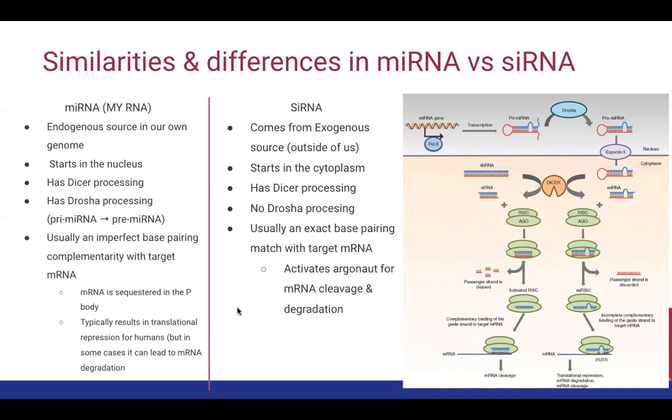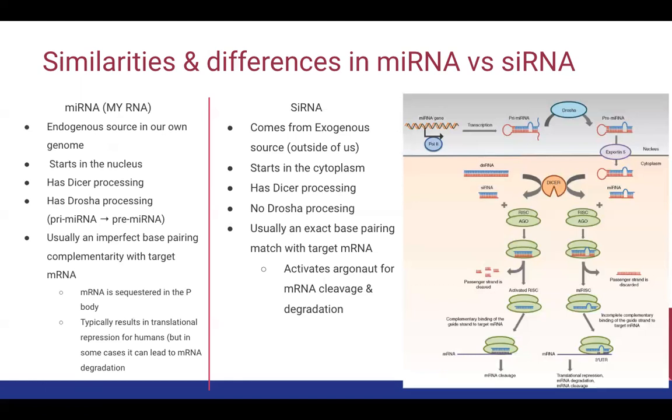Also with miRNA and siRNA, a big difference, like I was just talking about before, is that with miRNA, it can be, and it usually is, an imperfect base pairing with the target mRNA. And if it is imperfect, then the mRNA will be sequestered into the P body. And this usually leads to translational repression.